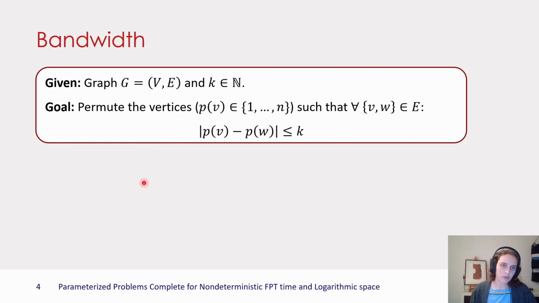So the problem I want to start with today is bandwidth. And bandwidth is the following problem. We're given a graph and a parameter k, and we want to permute the vertices.